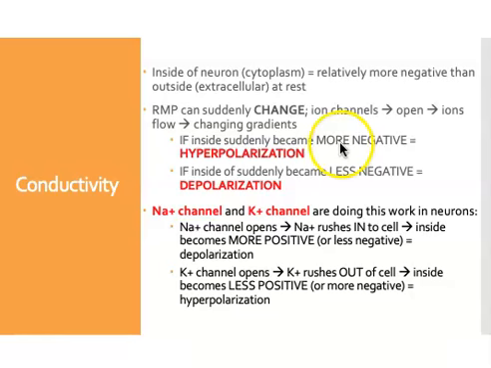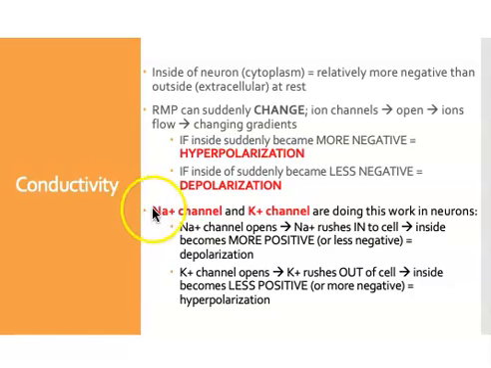If the inside of a cell becomes more negative, it's also becoming less positive. If the inside of a cell is becoming less negative, that means it's also becoming more positive. We need to remember all four of those phrases as we talk through the generation of electrical current.